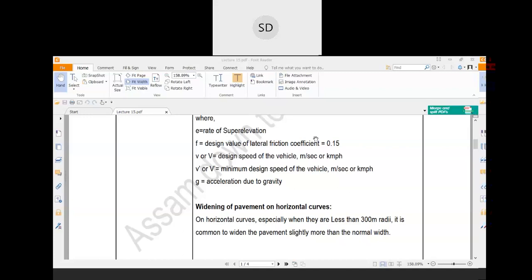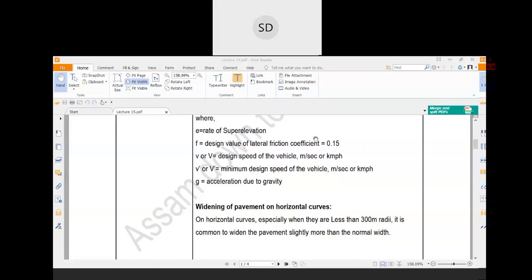Now this extra widening of the pavement will depend on different conditions. One is mechanical widening. This mechanical widening is basically governed by lateral friction and centrifugal force, so basically that will depend on your centrifugal force. And another one is psychological widening. Psychological widening means that the driver has a tendency to maintain more gap or more clearance between two consecutive vehicles side by side.